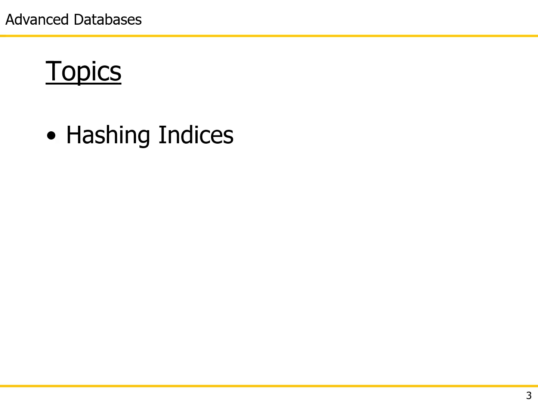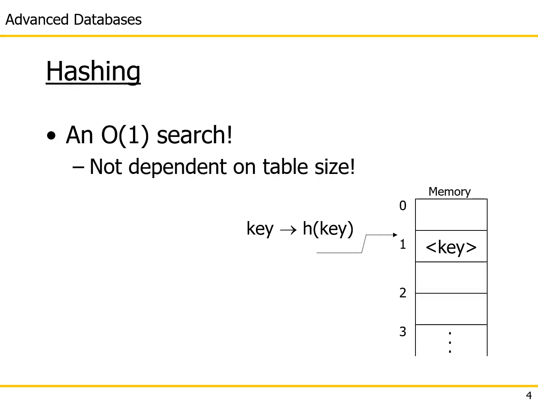And I will refresh your memory with the kind of operations we're interested in and what possible solutions we could come up with as a modification to what you have learned before as a data structure called hash tables. How can we modify it so that it suits the database world? So again, to refresh your memory, just so we are on the same page in case you're not remembering what this was all about.